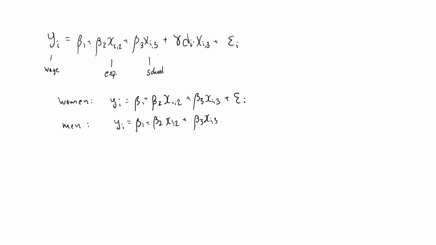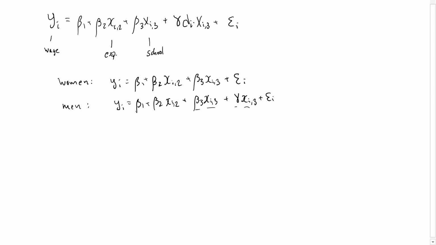For men, di is 1, so the term becomes gamma xi3 plus epsilon i. So I have one constant beta 3 times xi3 here, and another constant gamma and xi3 here, so I can collect my terms.